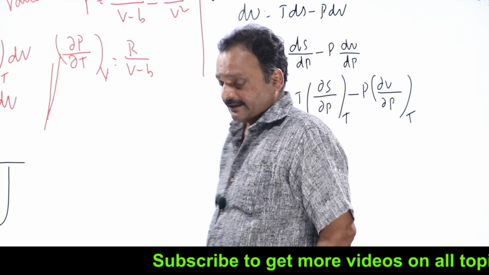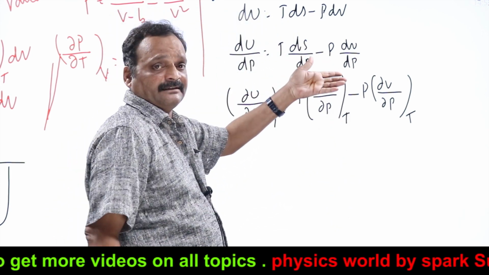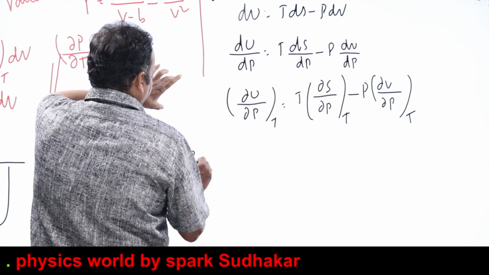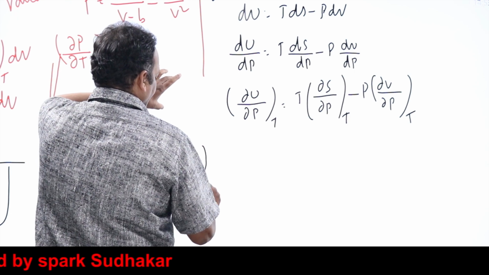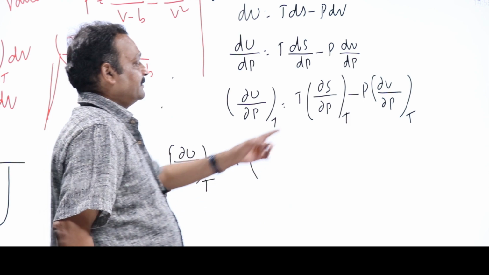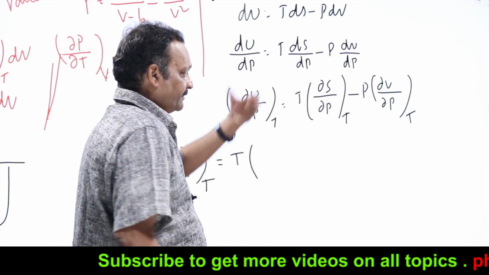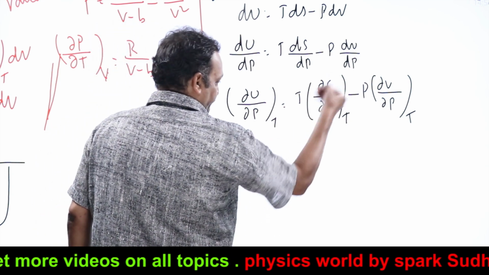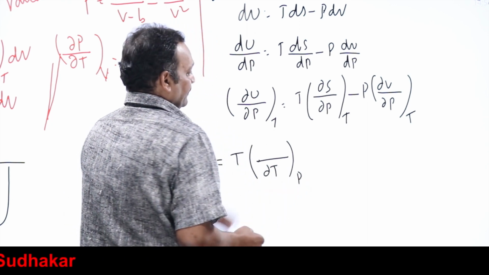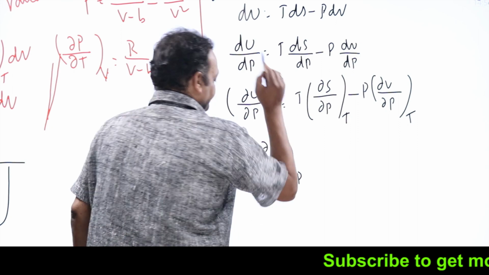Now again use Maxwell's equations. Convert this ∂S/∂P at constant T using Maxwell's equations and put that in this equation. So ∂U/∂P at constant temperature is equal to T into, using the technique we saw in the last video, the denominator will get ∂T, the constant will be pressure, and only volume is remaining, so ∂V.